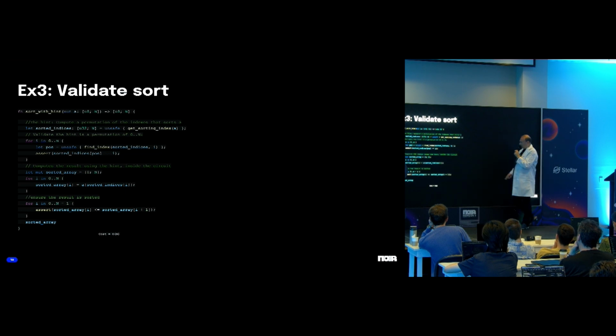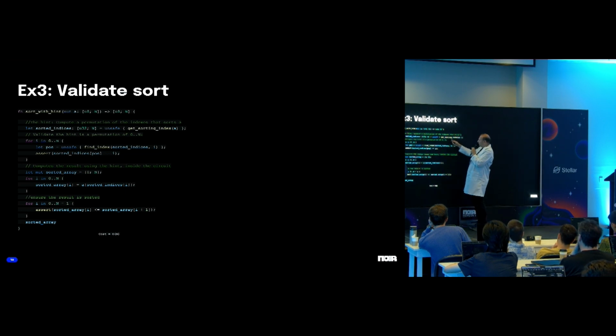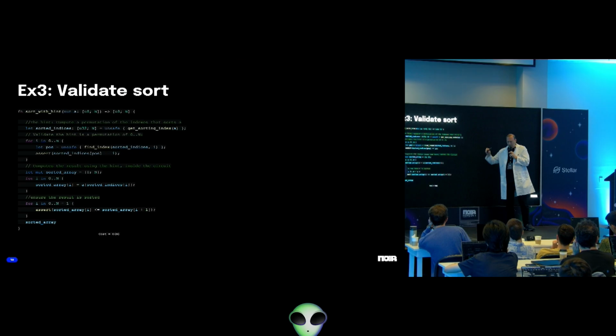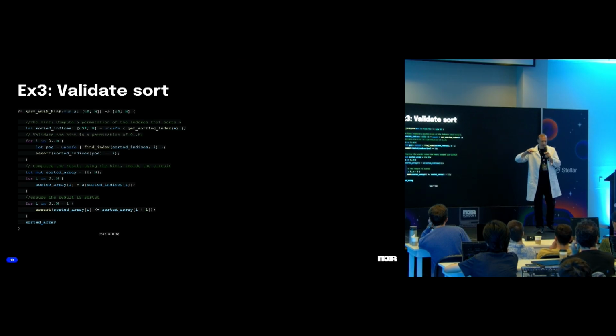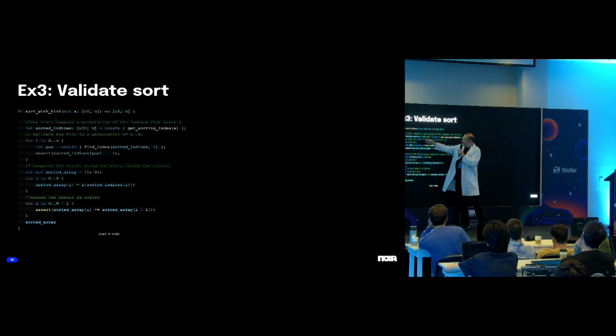So how to do that? For this, I'm using an unconstrained function that gives me what I call the sorted indices. What I mean by that is that if my smallest element is at index 3, for instance, then this array will start with 3.